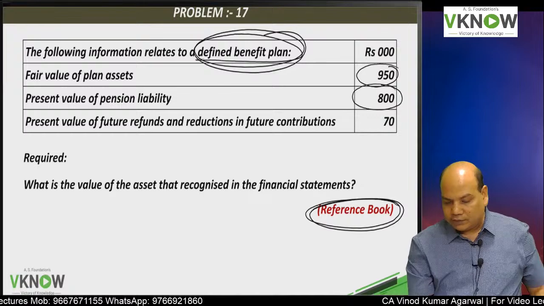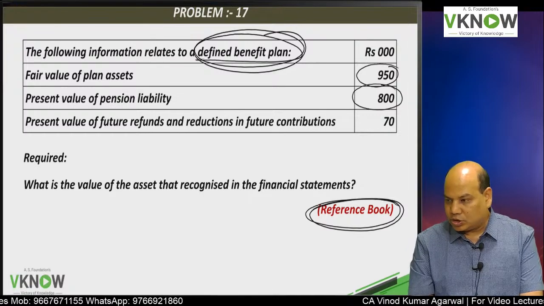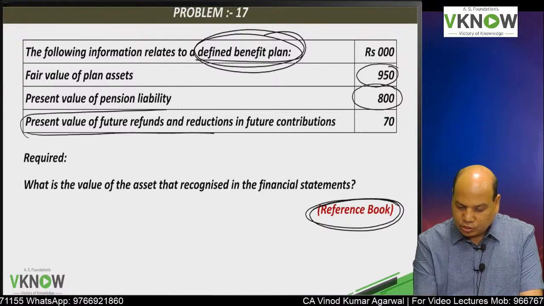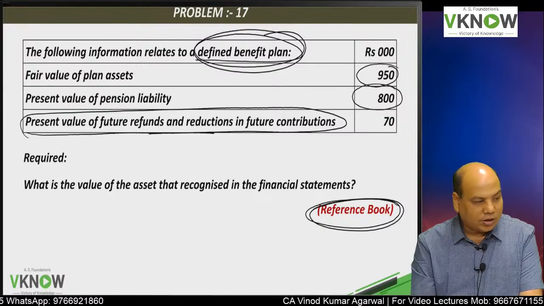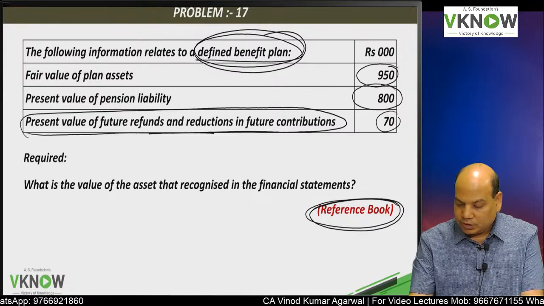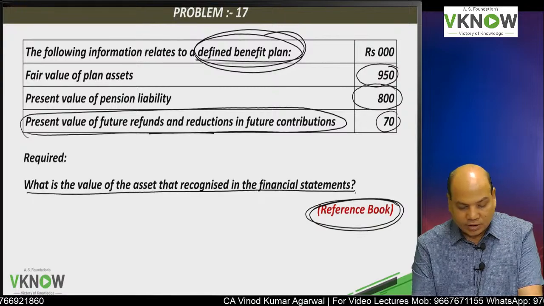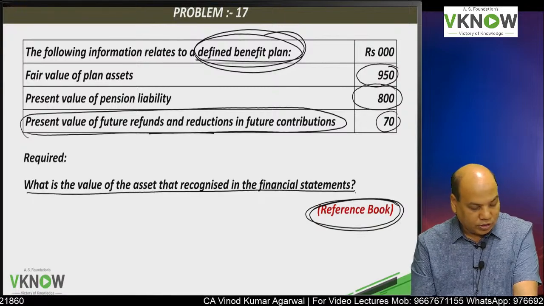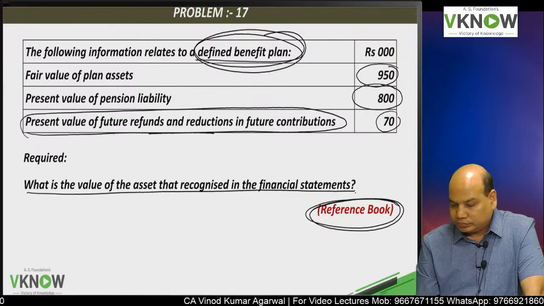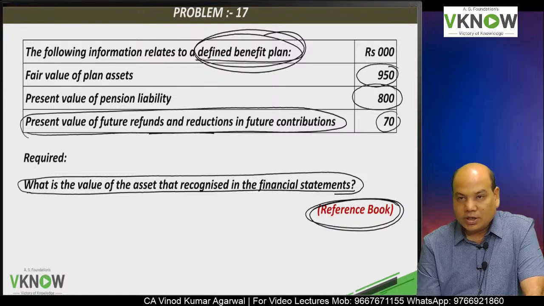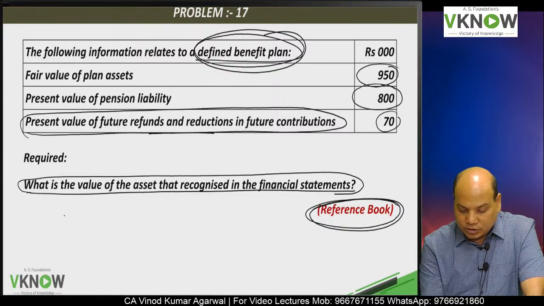Present value of the defined benefit obligation pension liability is 800, and recovery, that is present value of future refund and reduction in contribution, 70. What is the value of the asset that will be recognized in the financial statement?